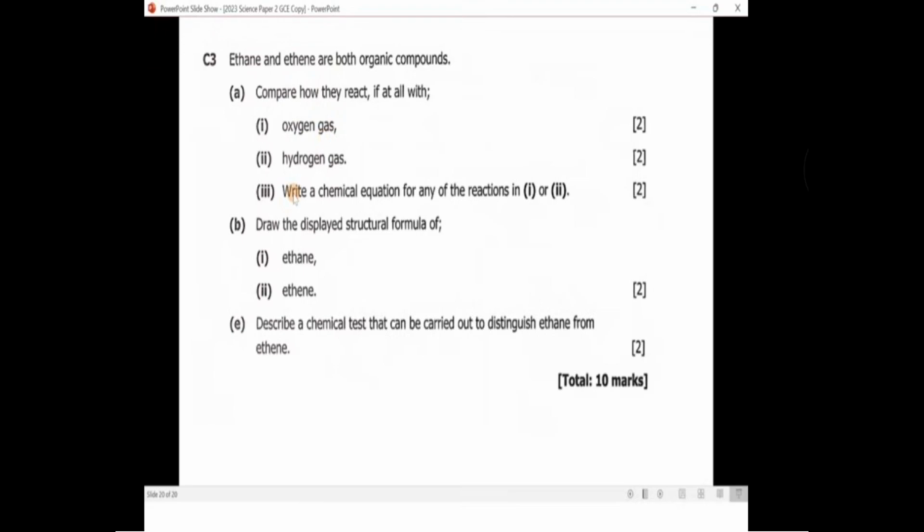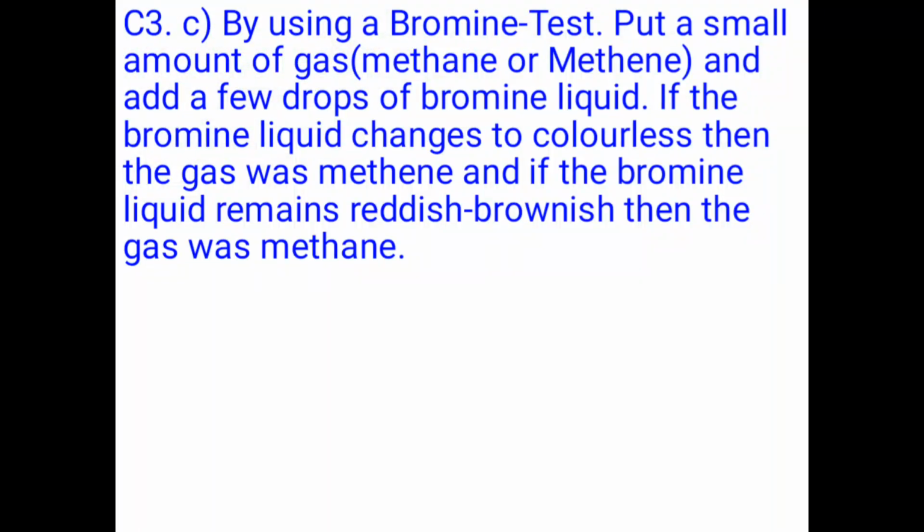The last question was supposed to be question C. The examiner made a mistake on this one. Describe a chemical test that can be carried out to distinguish ethane from ethene. Here is the answer. By using a bromine test, put a small amount of gas, which can be either ethane or ethene, and add a few drops of bromine liquid.